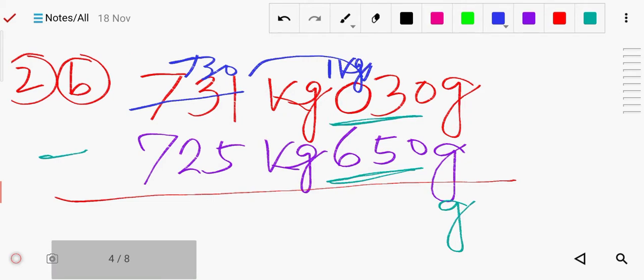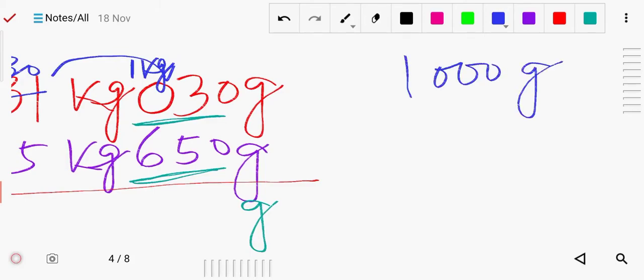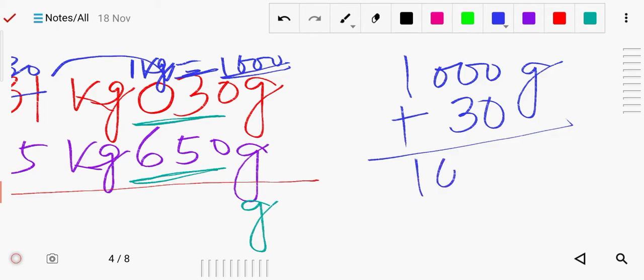In 1 kg, how many grams? We know that in 1 kg there are 1000 grams. So 1000 will come as a borrow, and already 30 is there on that side, so you can add 30. So this will be 1030 gram.